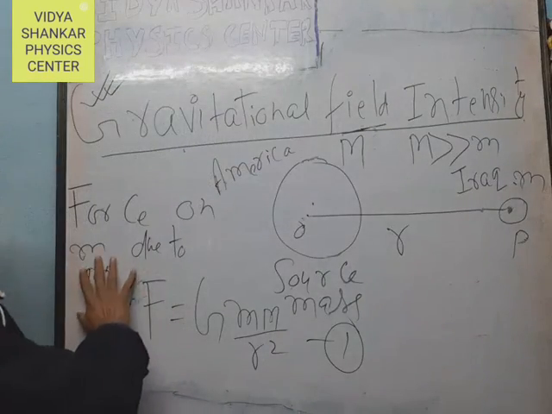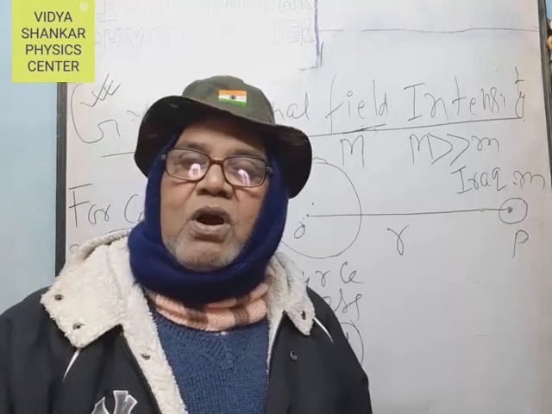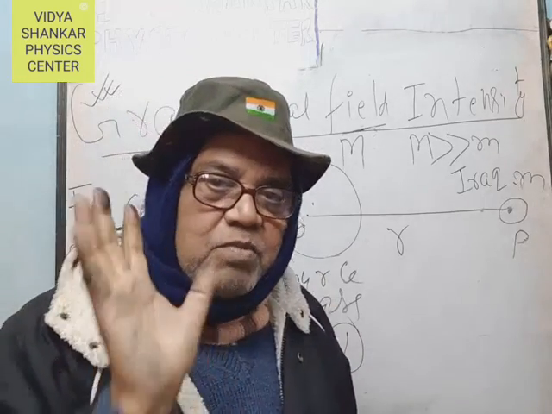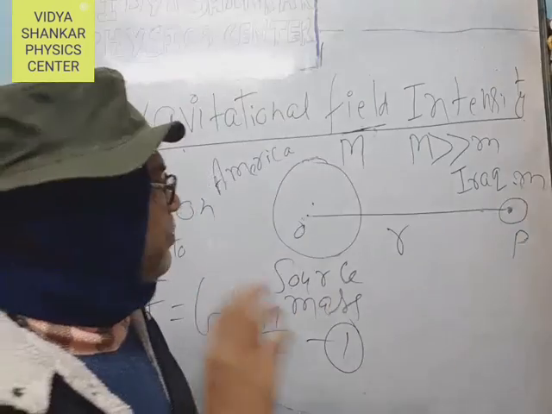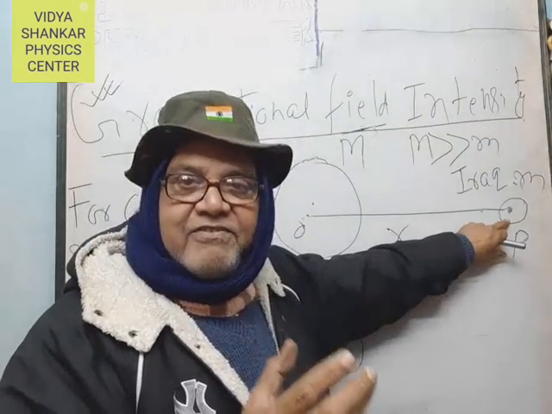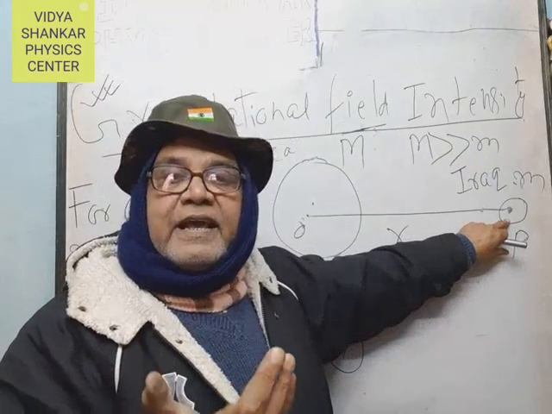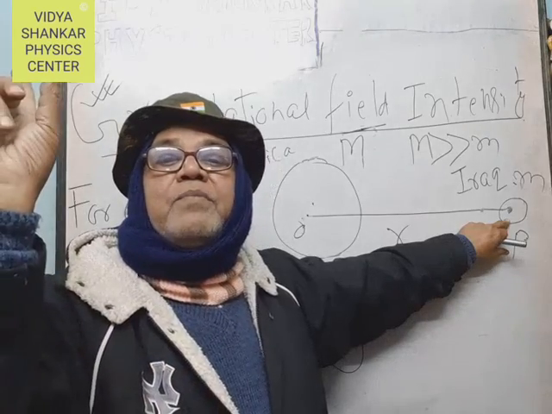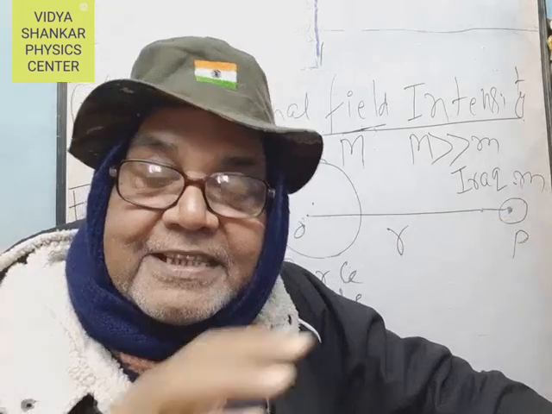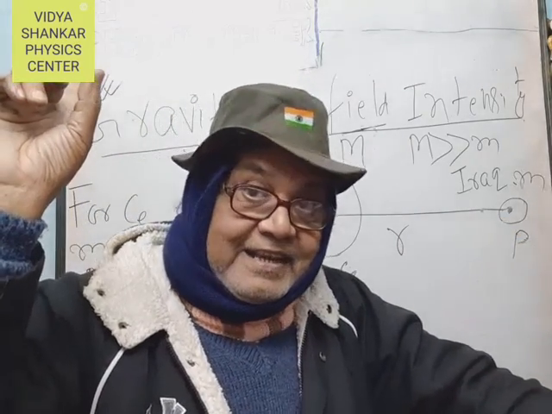Here America is exerting the force on Iraq. The big body is exerting force on the small body. A small body experiences a force exerted by the big body. Iraq experiences a force exerted by America. Is it clear?